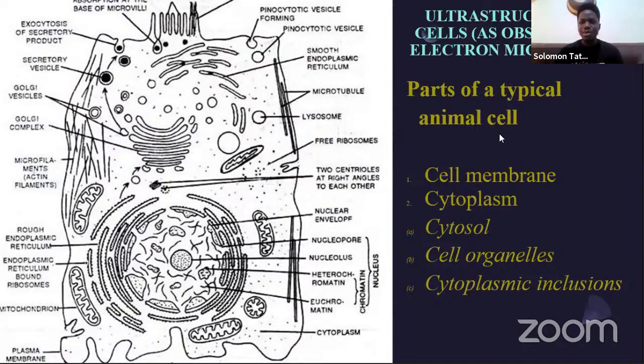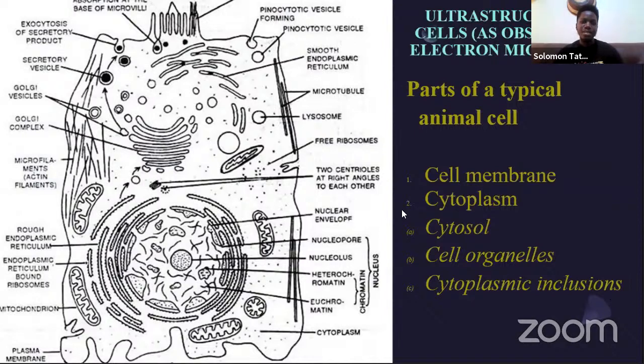So the parts of a typical animal cell, this is what you'll find in any animal cell. At first glance, the things that stand out are the cell membrane, the cytoplasm, cytosol, cell organelles, and cytoplasmic inclusions.